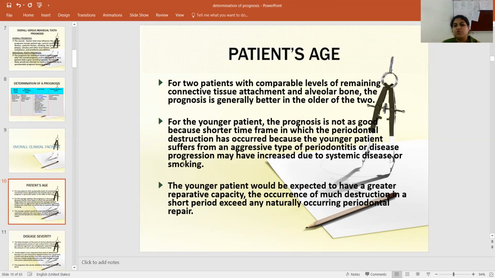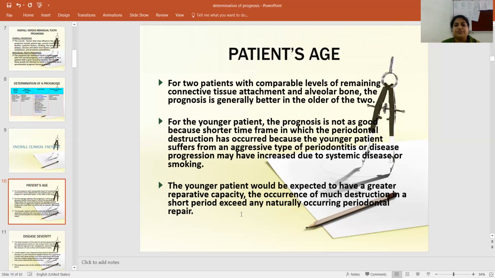and also the presence of some risk factors like smoking. And now the third point: the younger patient would be expected to have a greater reparative capacity. The occurrence of much destruction in a short period exceeds any naturally occurring periodontal repair. So what happened? The younger patient basically has more capacity to heal, more immunity is there.